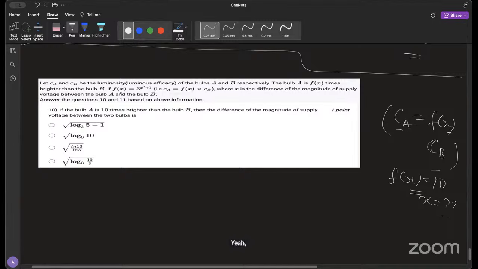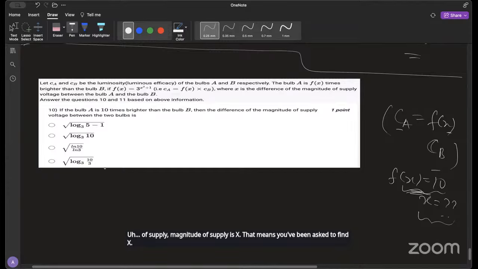Your f(x) is the number of times bulb A is brighter than bulb B, so f(x) is given to be 10. You've been asked to find x.